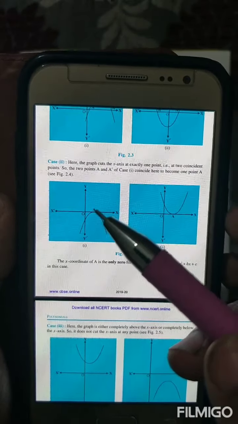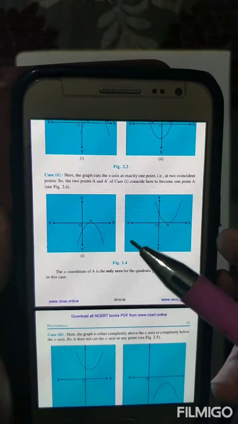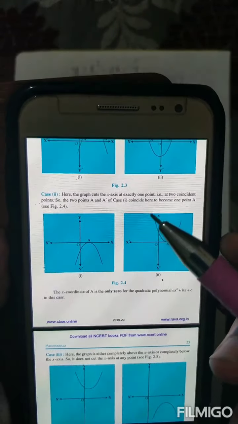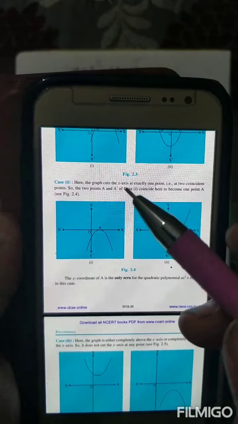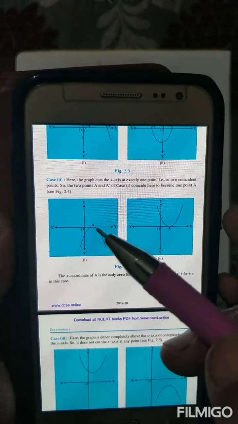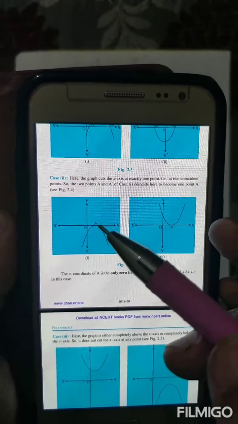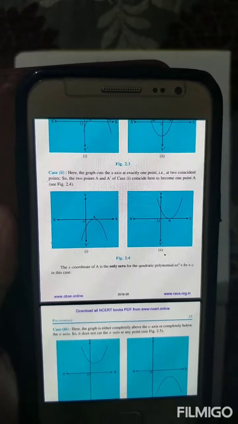That means we have taken A and A dash two distinct points, but here A and A dash both are same. So A and A dash coincide here to become one point.